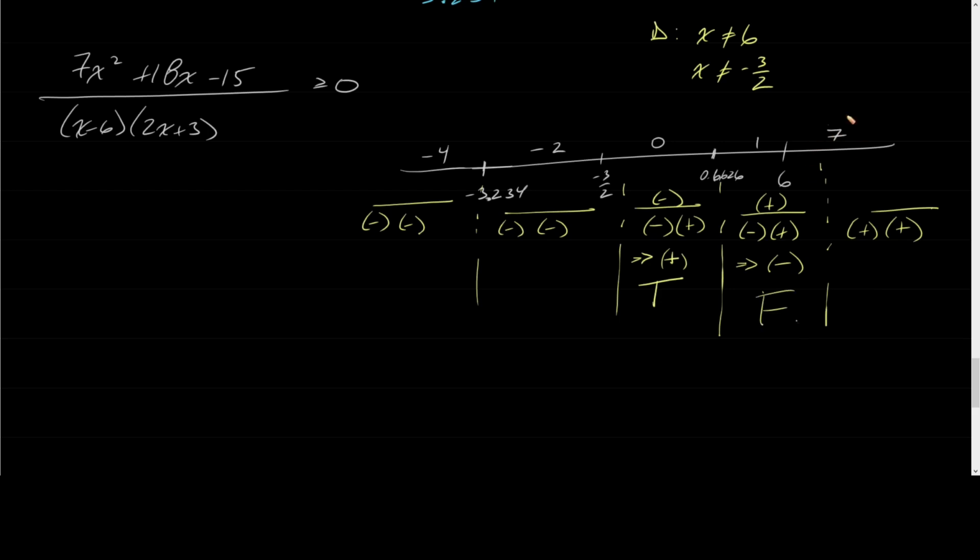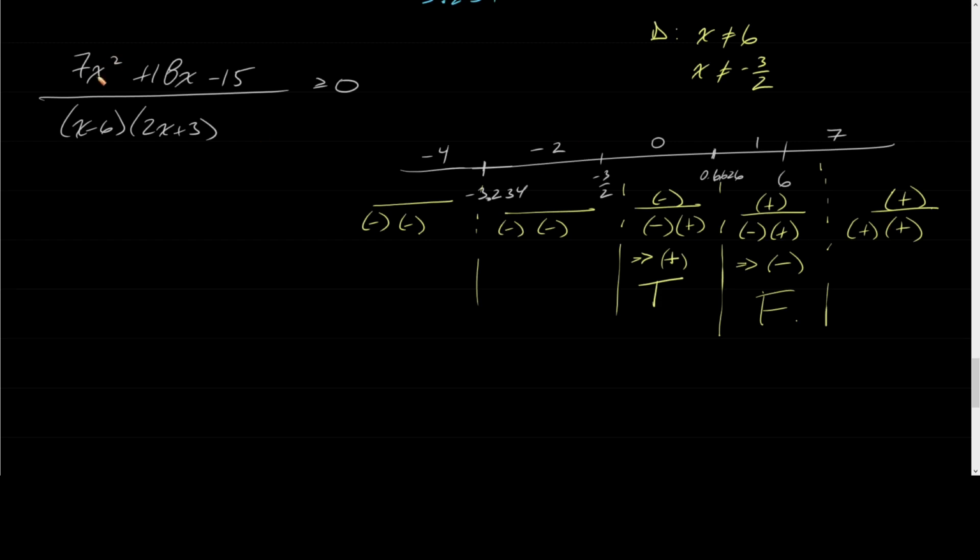All right, let's plug in the positive. 7. 7 squared, 49. 49 times 7 is 343. 18 times 7 is 126. So I have 343 plus 126 minus 15. Who cares what it is? Because it is positive.